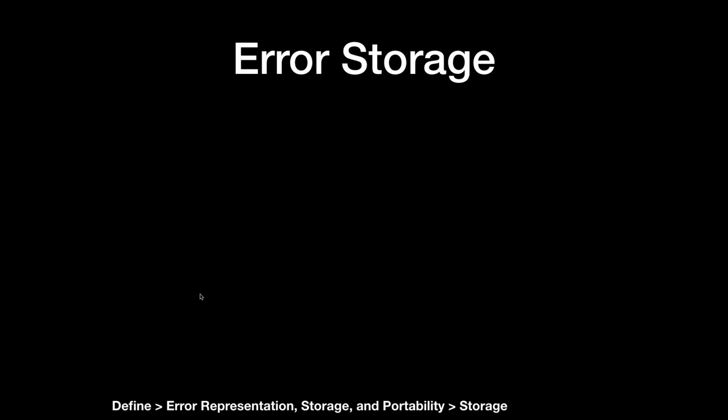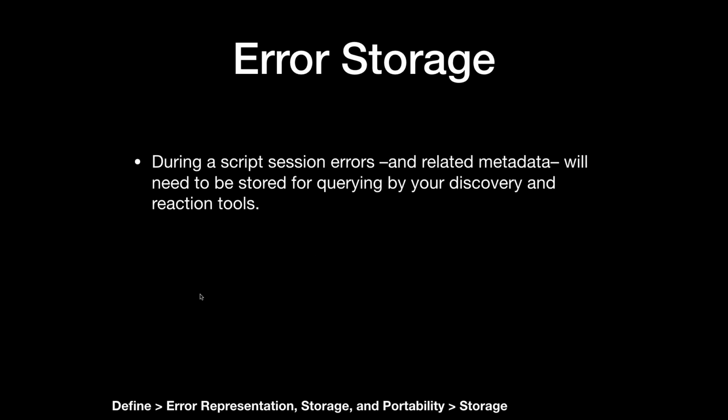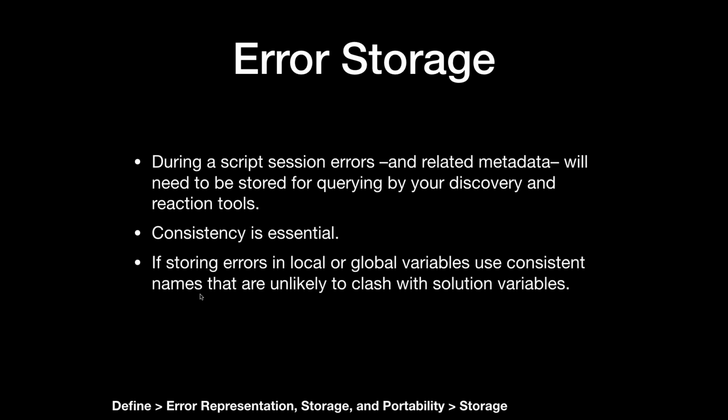Okay, so once you've decided on your representation, you just need to decide how to store errors. We saw this a bit earlier where I had this error code variable. That's a little bit of related metadata to help drive the error storage. And again, consistency is really what you need here. If you're going to store errors in a JSON object, make sure the structure is always exactly the same. And if you're storing errors in local or global variables, again, use consistent names, but more importantly, make sure they don't clash with solution variables.